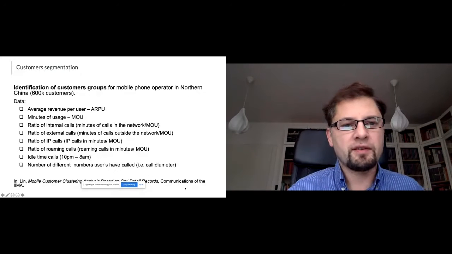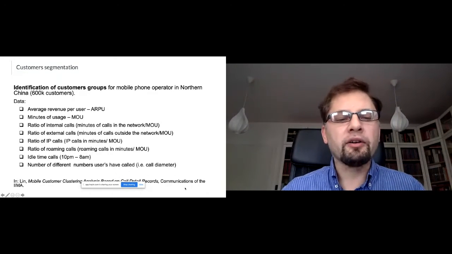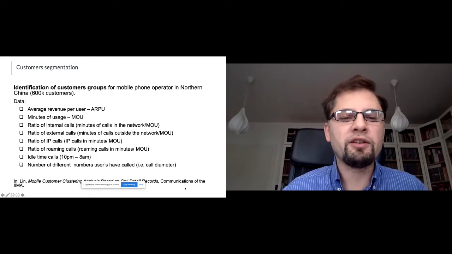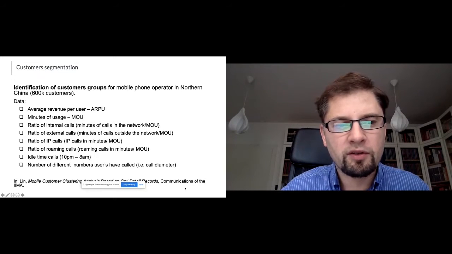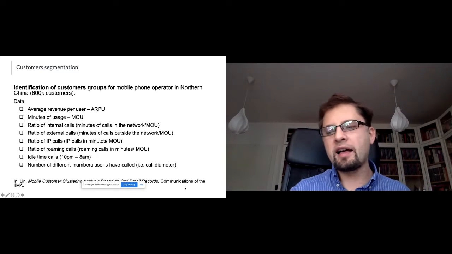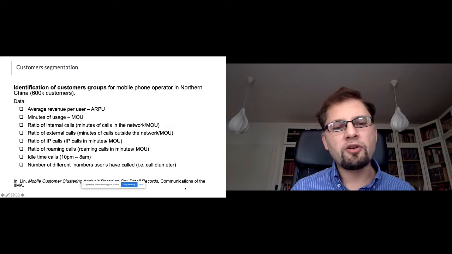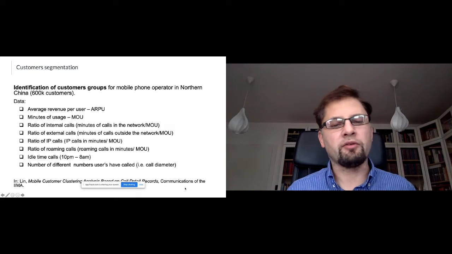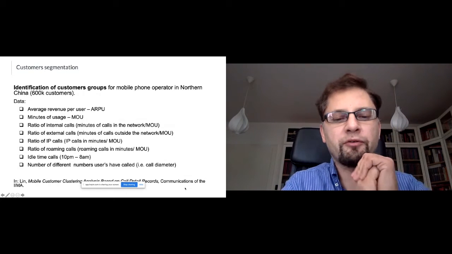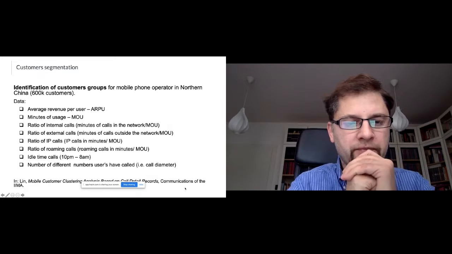the business for this operator, and we are considering a lot of different features for each user, like average revenue per user, minutes of usage, ratio of calls in different aspects like internal, external, and IP calls, and ratio of roaming calls, roaming and idle time calls, and the number of different numbers users have dialed, which is called call diameter.